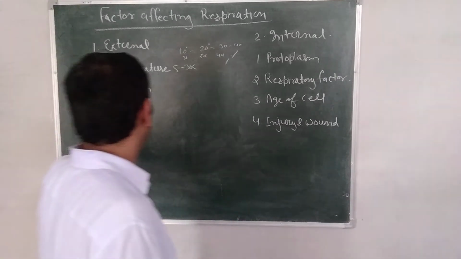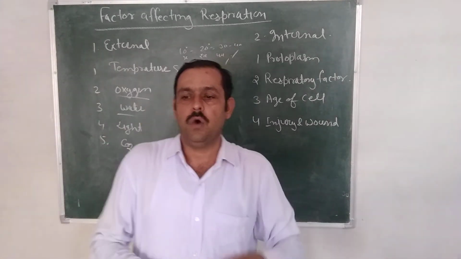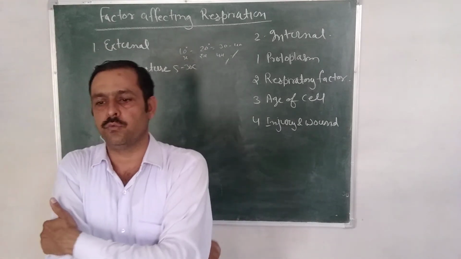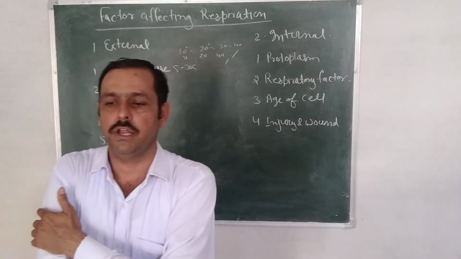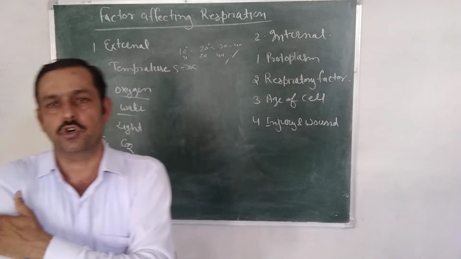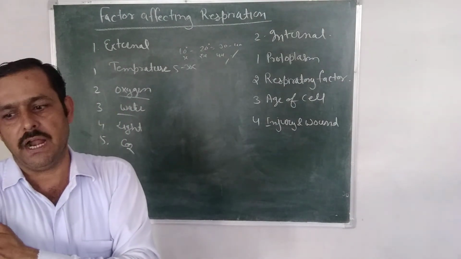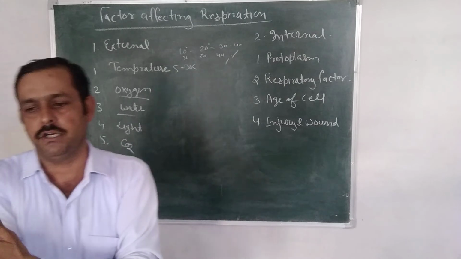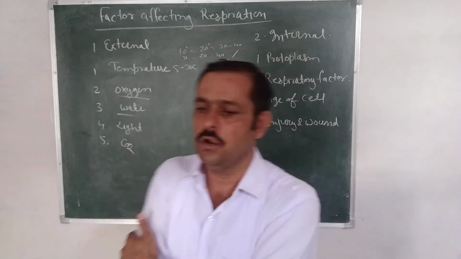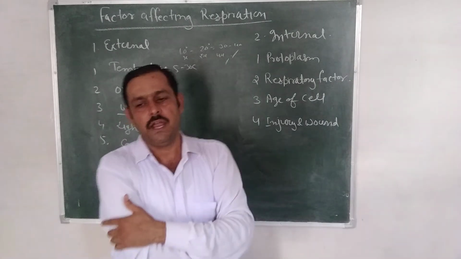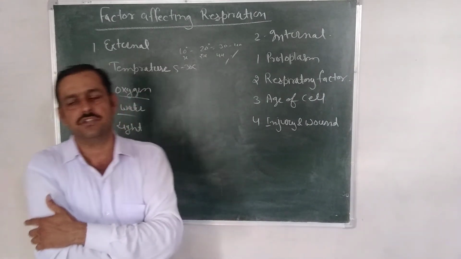Next factor is water. Water works as a mediator for anabolic or catabolic reactions in protoplasm. Protoplasm of plants contains 90 to 95% water. Water plays an important role in the activation of enzymes and exchange of gases.